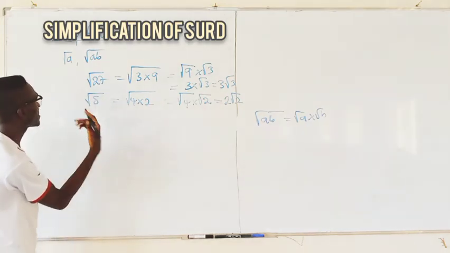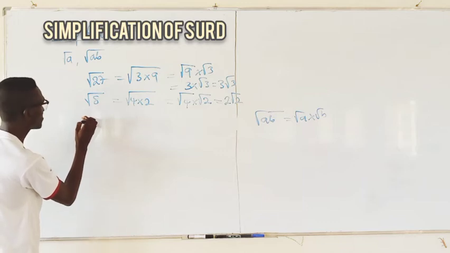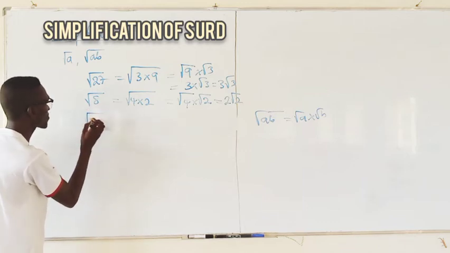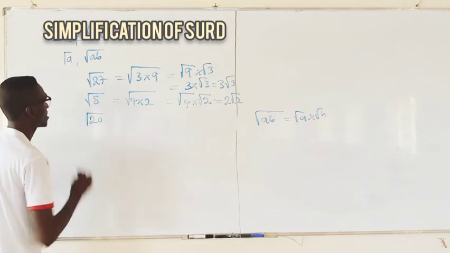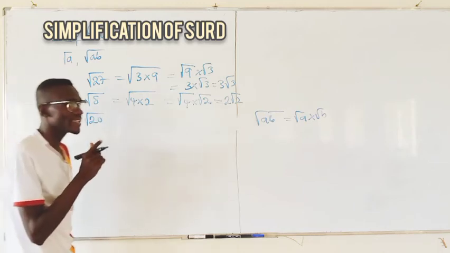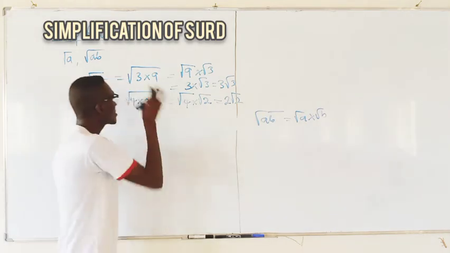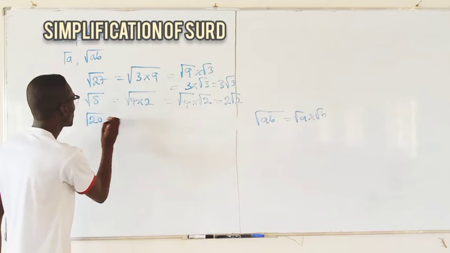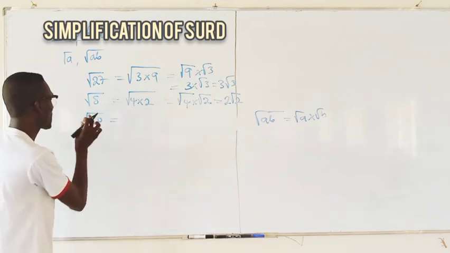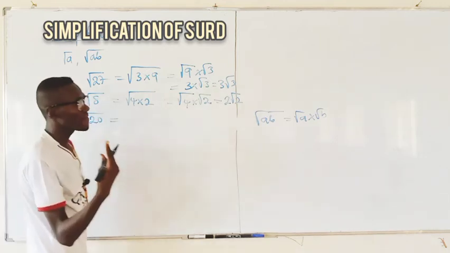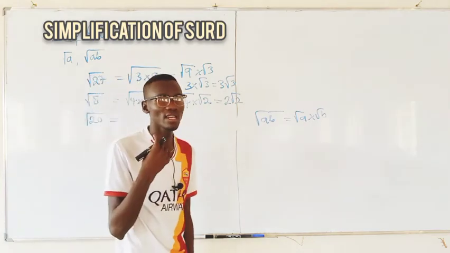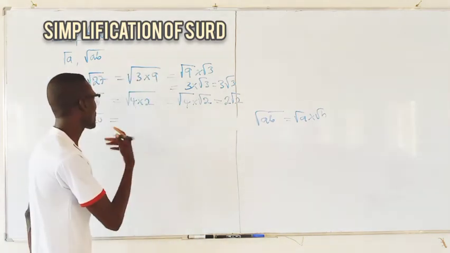So not only this, let's take another example. Let's say we have square root of, let's use 20. How about 20 now? 20 is not a perfect square, but using the method we've been doing, all you need to do is bring out the factors of 20, pick two factors such that one of them is a perfect square, then simplify things down.